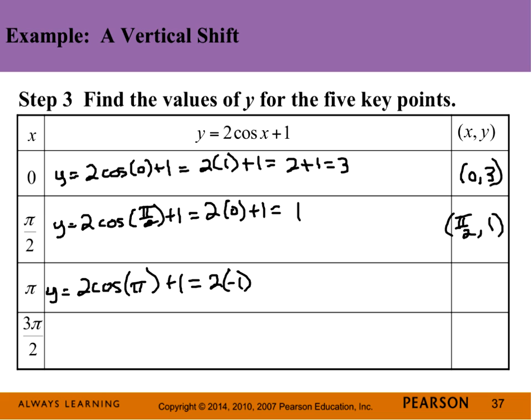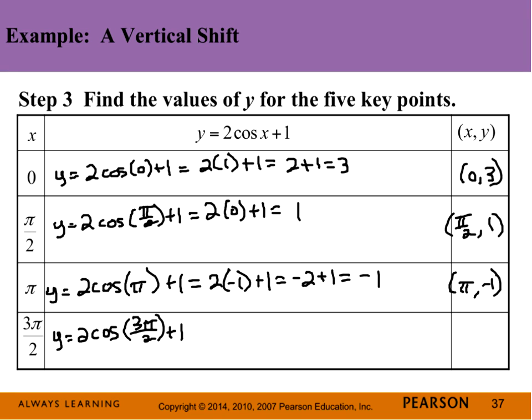The cosine of pi is -1. That's negative 2 plus 1, or negative 1. So pi, negative 1, and y equals 2 times the cosine of 3 pi over 2 plus 1. The cosine of 3 pi over 2 is 0. So that's 1. So we have 3 pi over 2 and 1, and I had to use another slide for the next one.